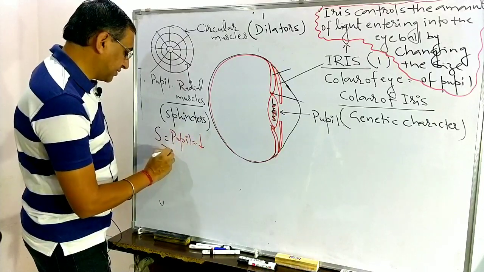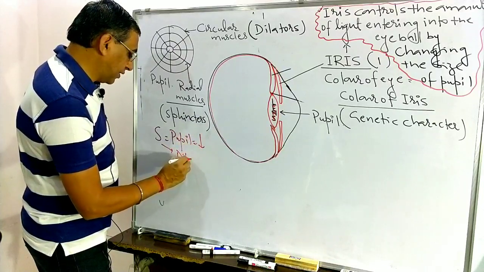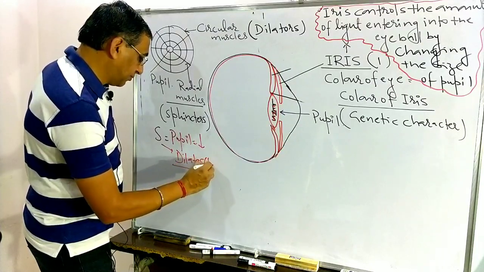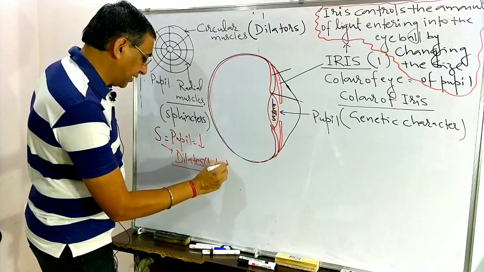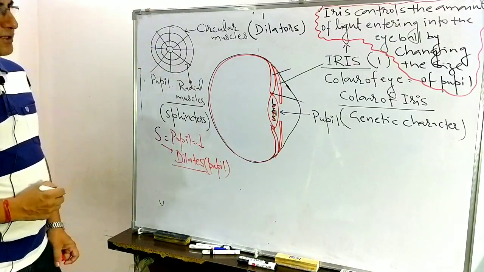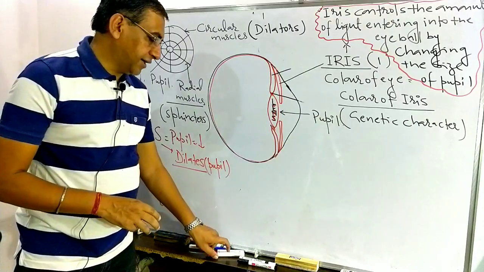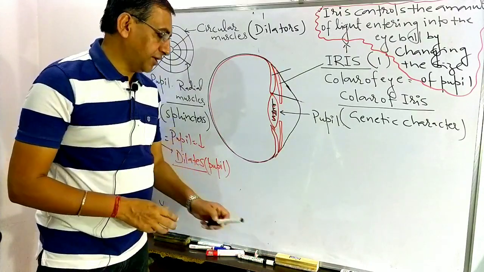It means the sympathetic dilates the pupil. So you have to remember this related with the iris, pupil and ciliary body.